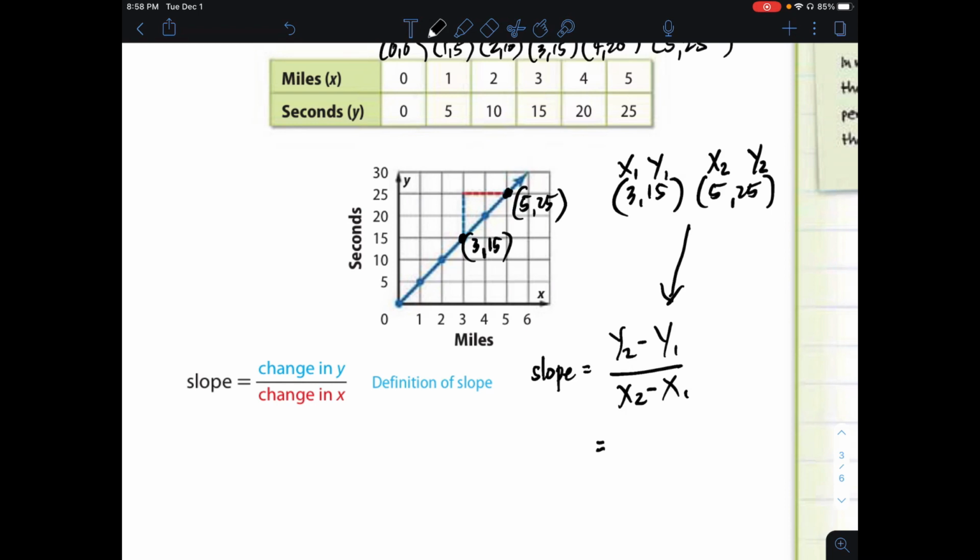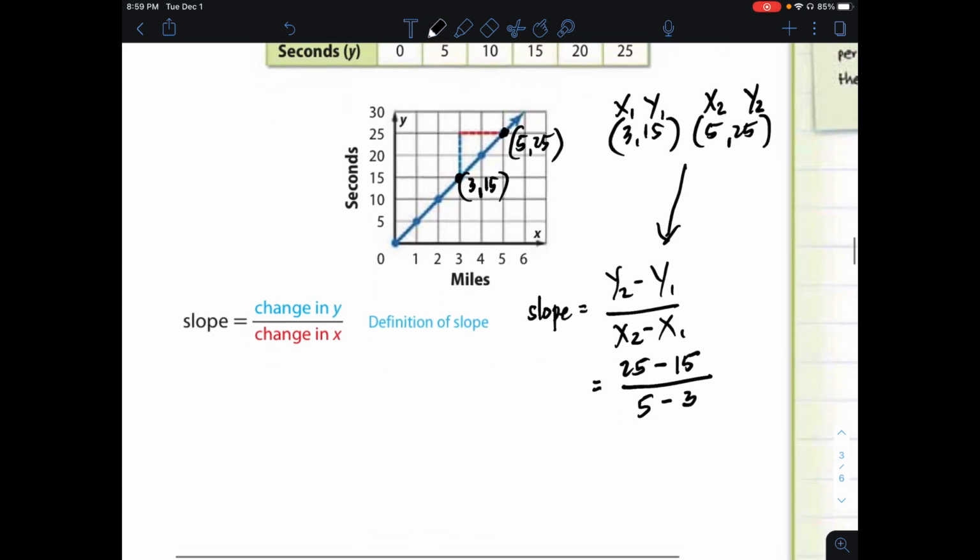If we are going to substitute those values into this formula, what you're going to get is y2 right here, which is 25, and I am going to subtract y1 right here, which is 15. And then I'm going to get x2, which is 5 right there, and I'm going to subtract x1, which is 3.